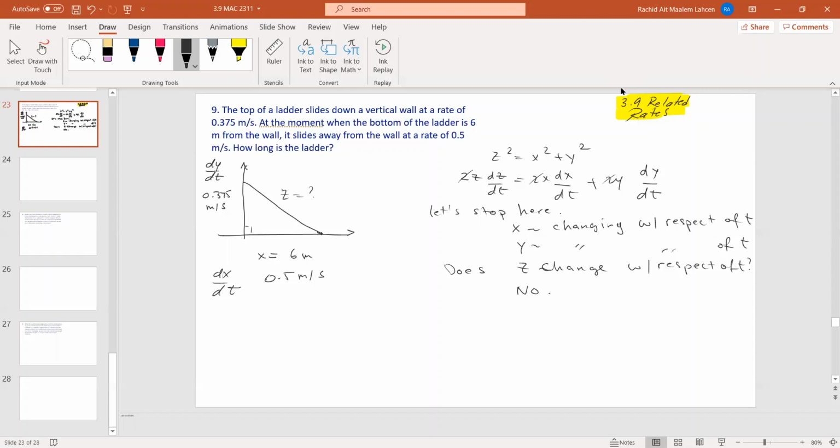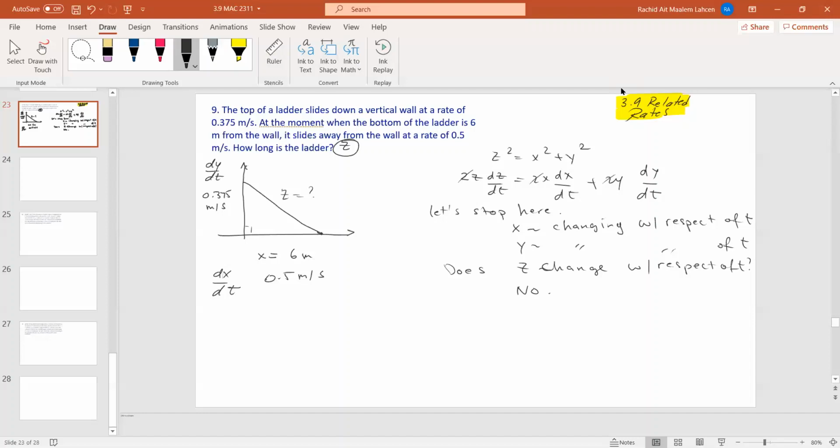So the z, here we call it how long it is, z, it's not changing. So I did it as we usually do just to show, but in this problem we're going to get stuck, because dz/dt is not something that exists.